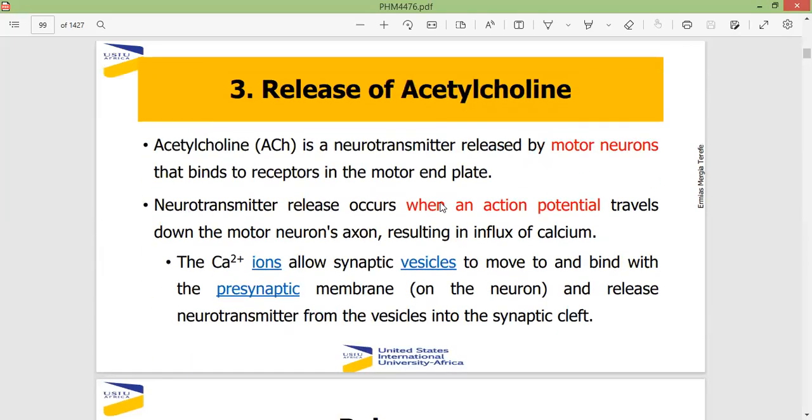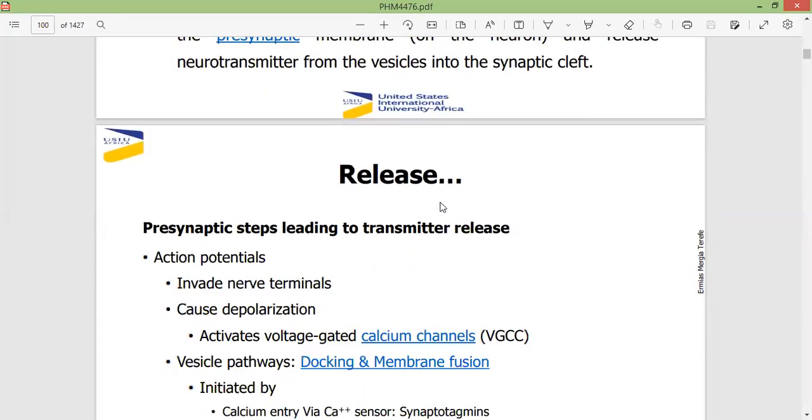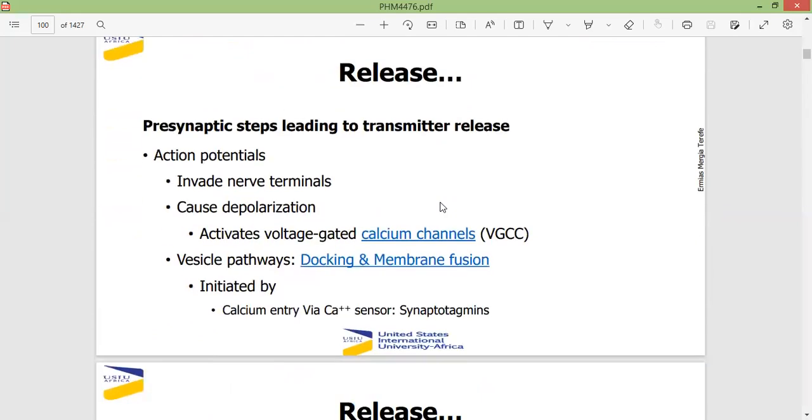Then we know the release of a neurotransmitter. Here we're talking about when there's been an action potential. Calcium has gotten in. When calcium gets in, it will allow the synaptic vesicles to move to the presynaptic membrane and release their contents. I think that is common to all neurotransmitters. An action potential will activate the voltage-gated calcium channels.